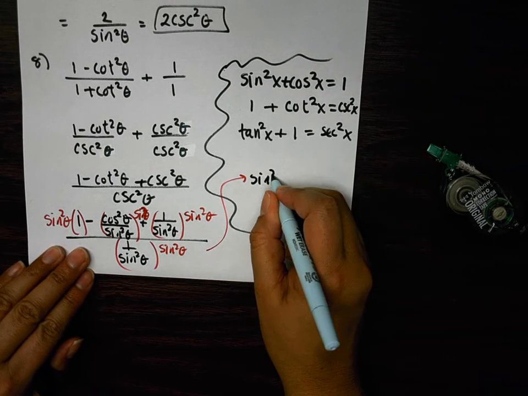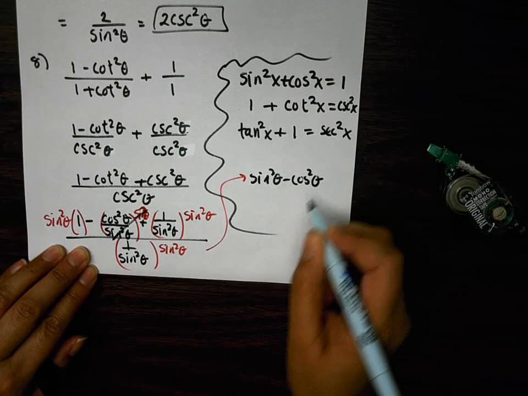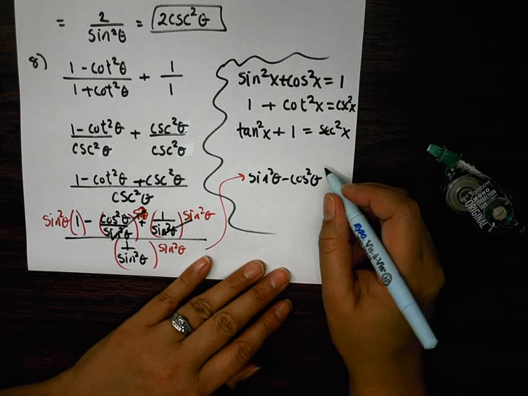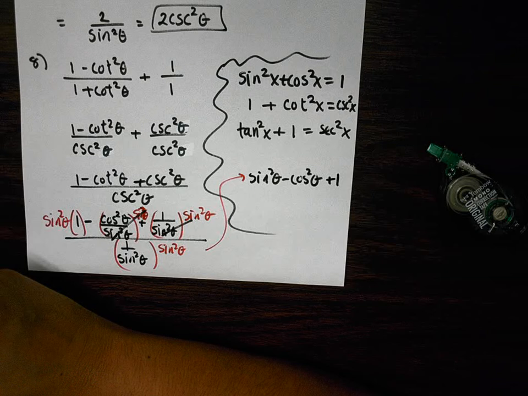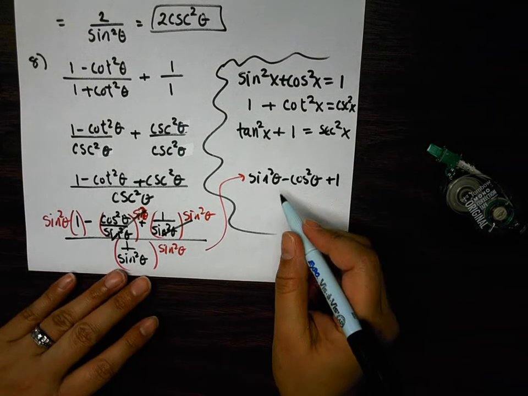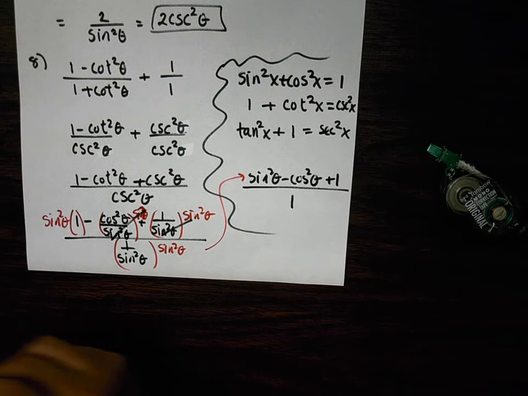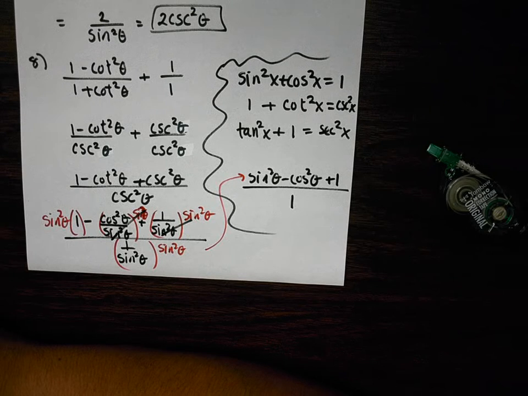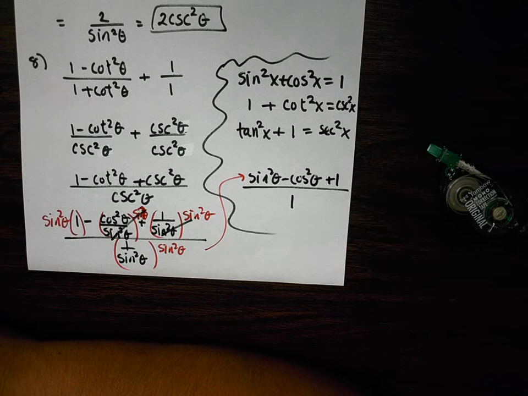All right. That leaves me with sine squared theta minus cosine squared theta plus 1, all over 1. Okay, suggestions from here.